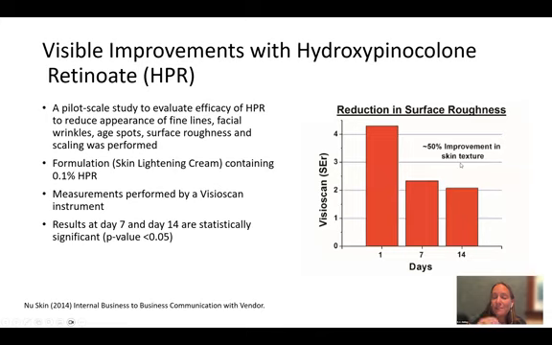So there's a 50% improvement in skin texture by day 14. And even the results by day 7 are statistically significant. Now, what I think is really interesting about this, too, is if you're having that reduction in skin roughness, that means that you're not getting that flakiness that, again, is often associated with retinoids or that retinoid reaction, right?